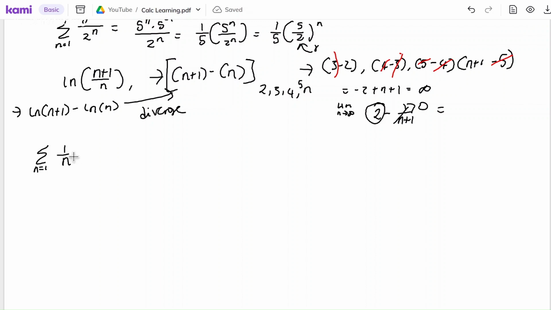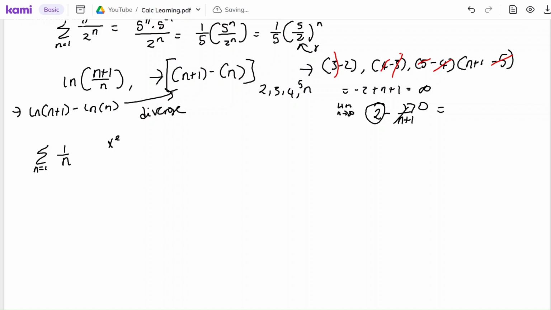But for something like this, I'm just doing it because it's easy to integrate and I can do it quickly in this video. But usually if you see any series that looks like something you can integrate or u-sub, let's say something like x over x plus 1, or not the opposite actually, something like x squared.